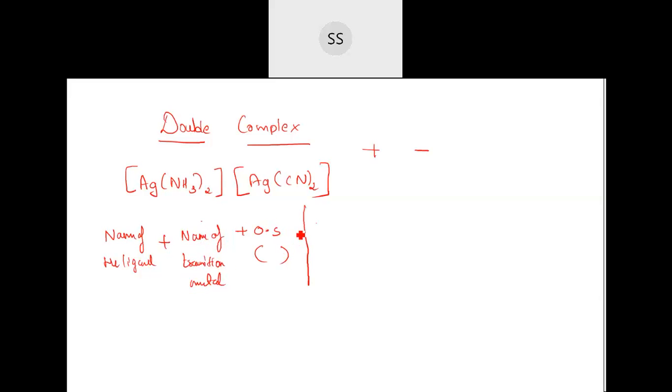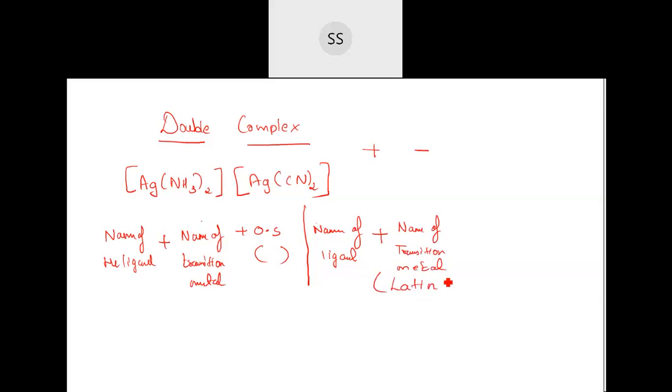Then the oxidation state. Again here you will start with the name of the ligand, and then you will write the name of the transition metal. Name of the transition metal. But how are you going to write the transition metal name? It should be the Latin name.